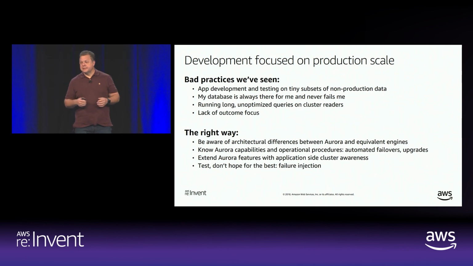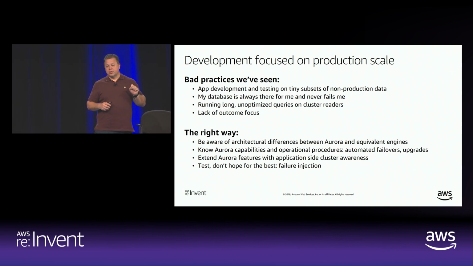I mean, that's not always necessarily true in a lot of cases, right? They're running long, unoptimized queries on cluster readers, like the example that Vlad gave of the 29-day query. Right? And then lack of outcome focus, right? Not really having a clear direction on what you're trying to do. It's important to start with the end in mind so that you know what you're working toward.